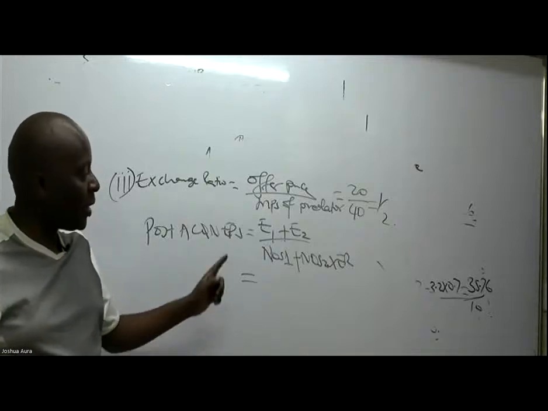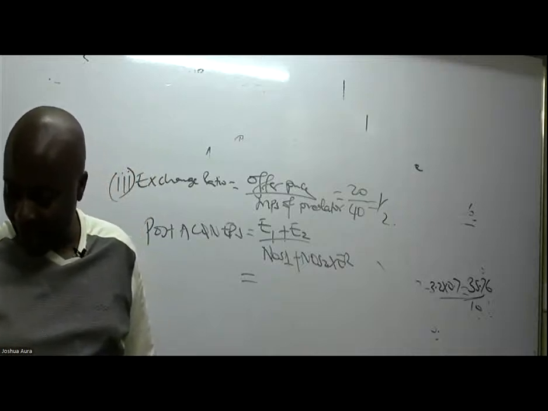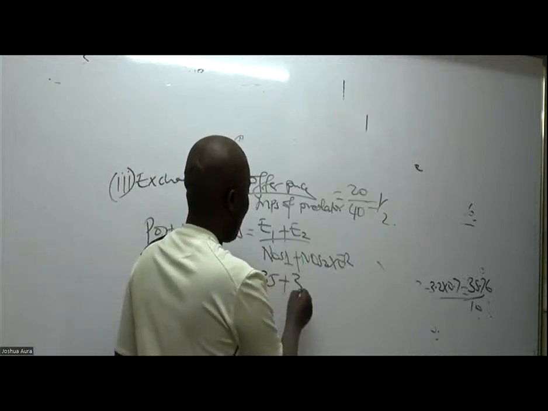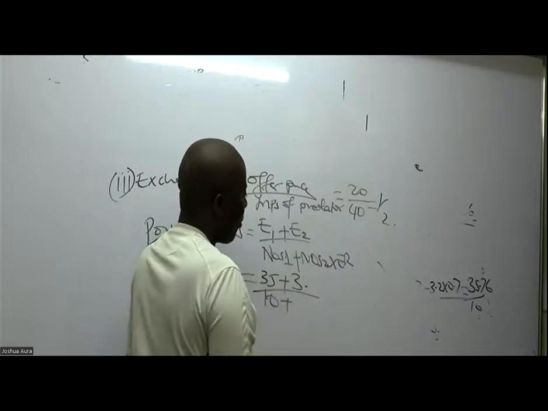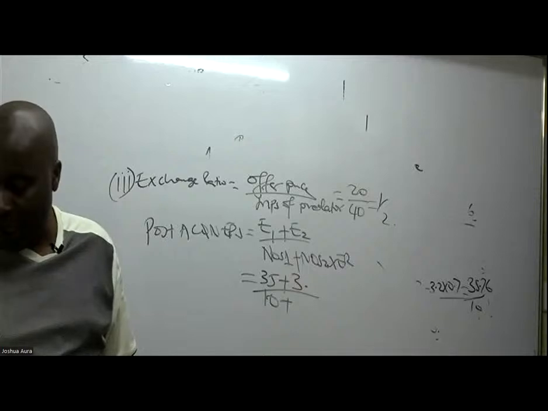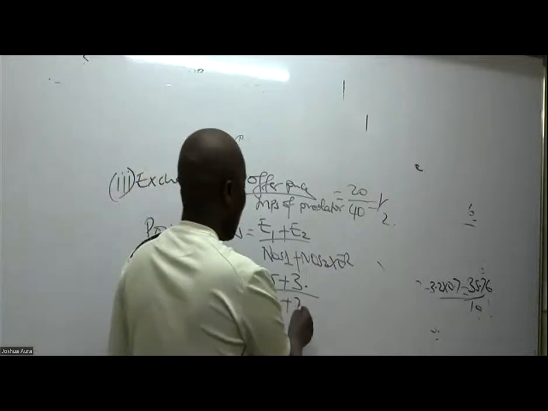Earnings of company 1 is 35, plus earnings of company 2, 3. Number of ordinary shares of company 1 is 10. Number of ordinary shares of company 2 is 2, so 2 times a half.